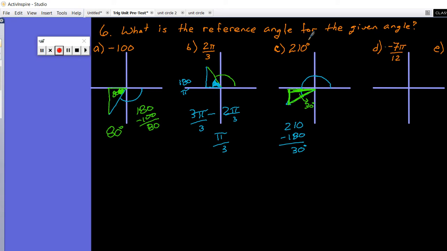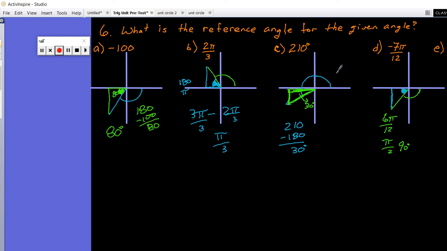So that's my reference angle. On part D, negative 7 pi twelfths, just think of it this way: 6 pi twelfths is half, because 6 and 12 reduced to be pi halves. Pi halves is 90 degrees. So 7 pi twelfths is more than 90. So it's right here. Again, my reference angle, I draw it back to the x-axis.